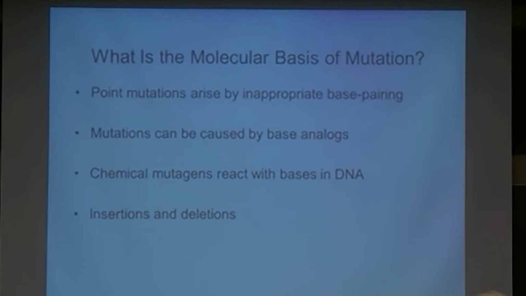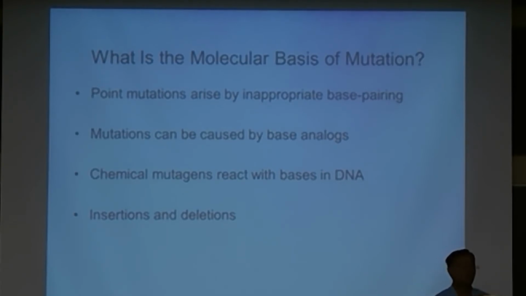So just read. Now, what is the molecular basis of mutation? We discussed some of them. Point mutations arise from inappropriate base pairing. So during DNA replication, a wrong nucleotide is incorporated, correct? And proofreading is also not 100%.